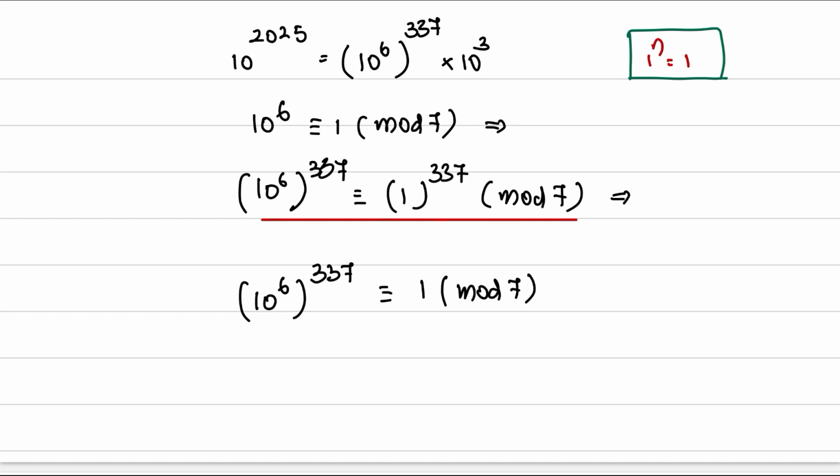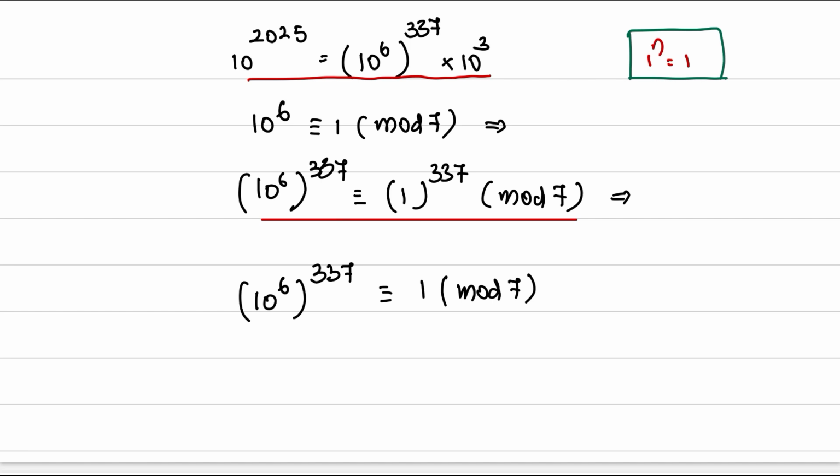But what are we supposed to find? We are supposed to find 10 to the power of 2025. 10 to the power of 2025 is nothing but 10 to the power of 6 to the power of 337 into 10 cube.